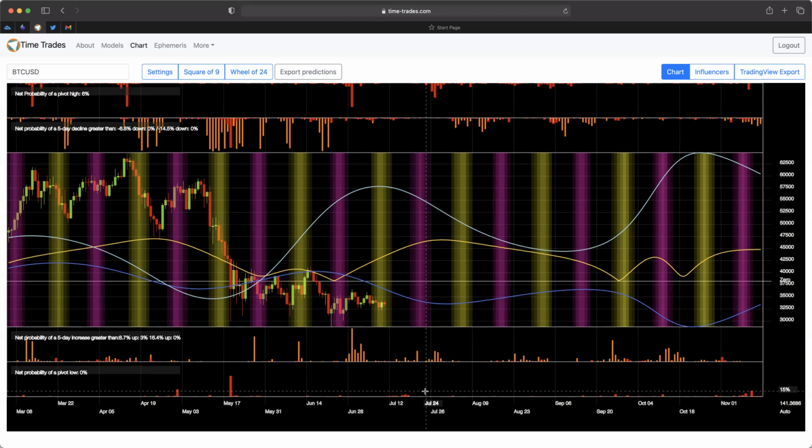Part of the reason is it adds like 1,800 additional data points, and it does not enhance machine learning accuracy because of something called the curse of dimensionality. But that's kind of beside the point. The point is that there's some interesting astro coming up that is not in the Time Trades model, and that's on July 24th with Saturn conjunct natal Bitcoin nodes.